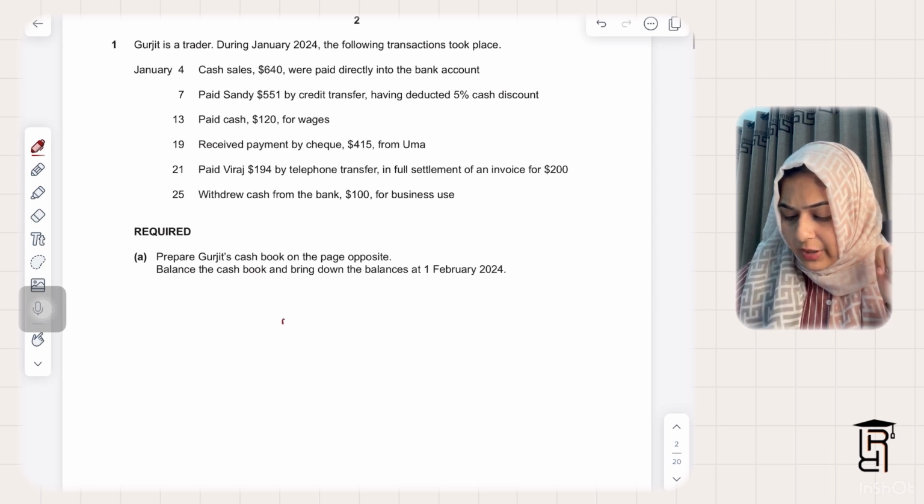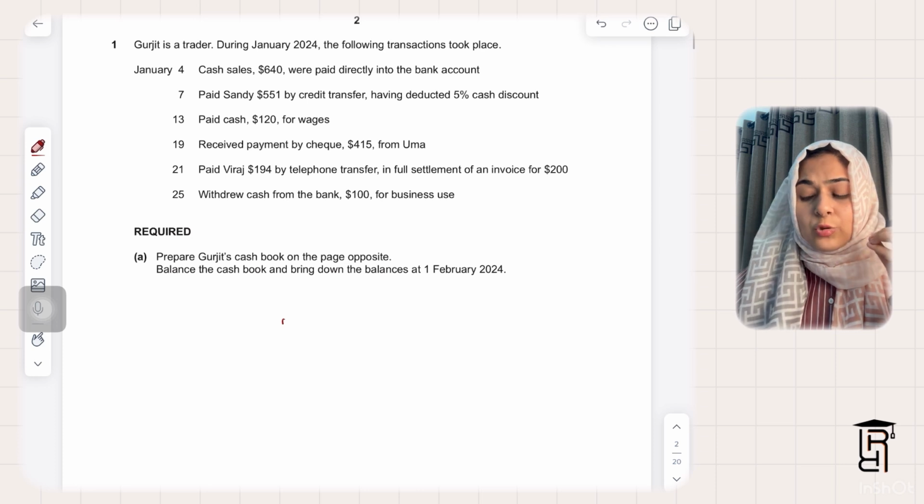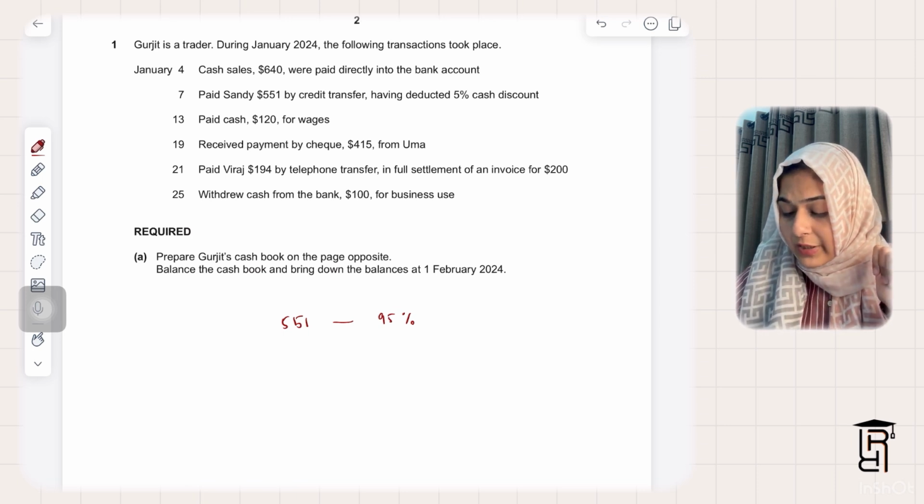So 551 is the amount after cash discount, which is 95% in this case, because cash discount is 5%. The original amount is 100%, and the amount after cash discount will be 95%, which is 551.